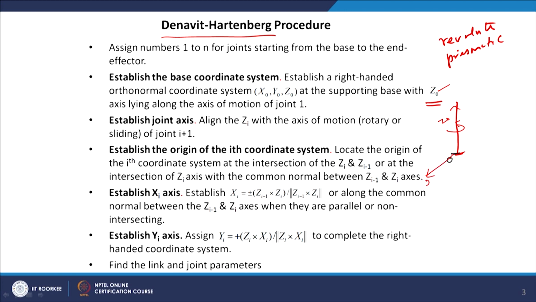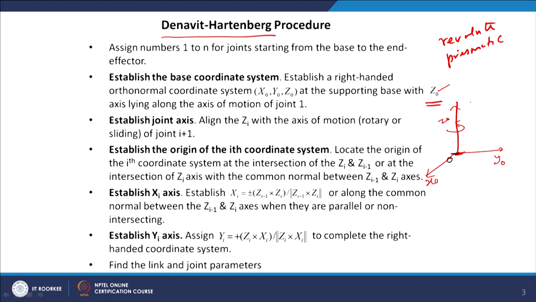So, we write x0 and then y0, and we can observe that x0, y0, z0 forms a right hand system. Then we go to the next joint. How to fix the z axis of the next joint? That is also the axis of rotation or the axis of sliding, whether it is a rotational joint or prismatic joint.